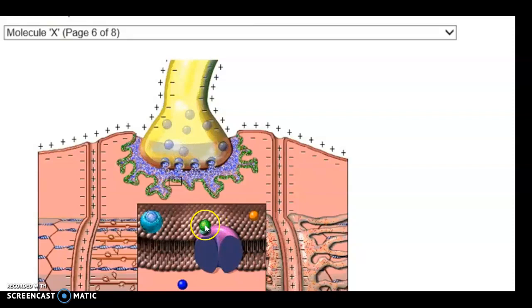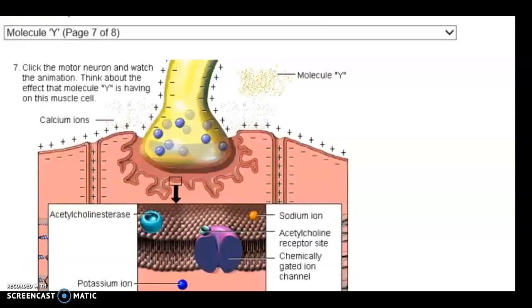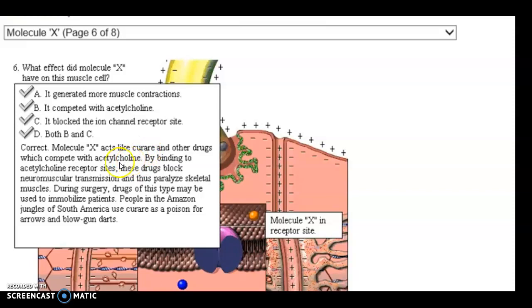So this molecule X is actually stopping the acetylcholine from doing what it does by binding to the same type of keyhole or receptor site that the acetylcholine would. So when it did that, it acts like curare or other drugs which will compete with acetylcholine.